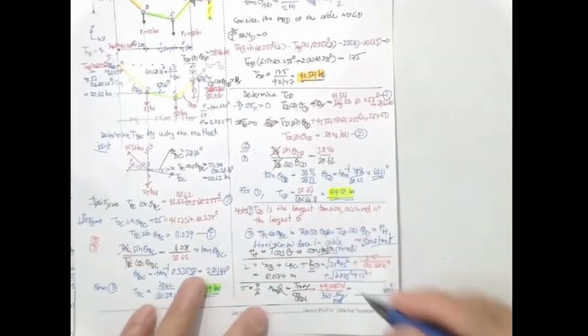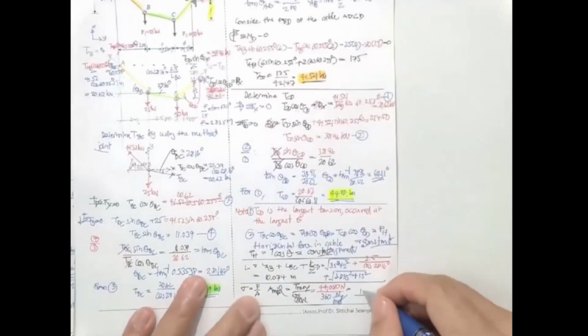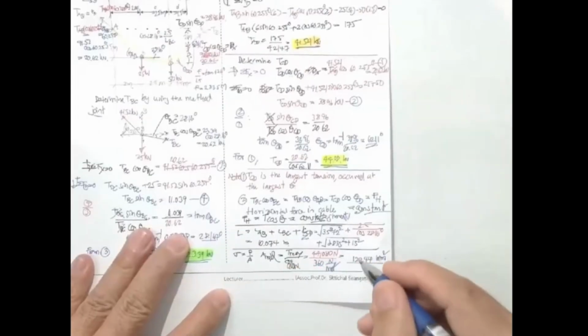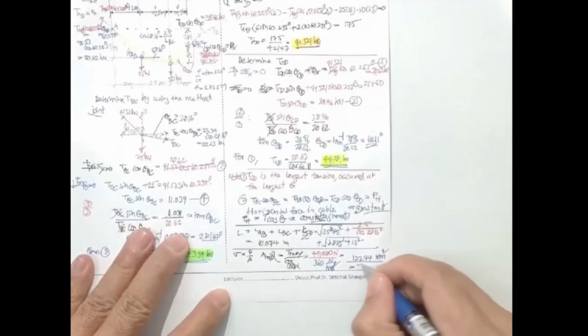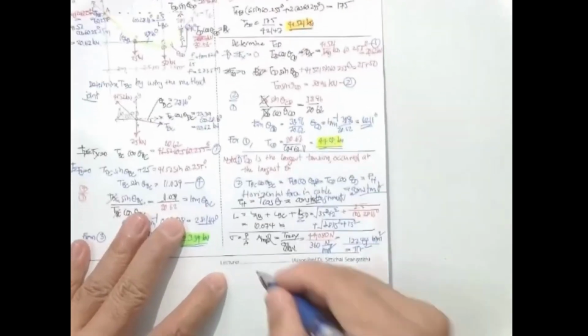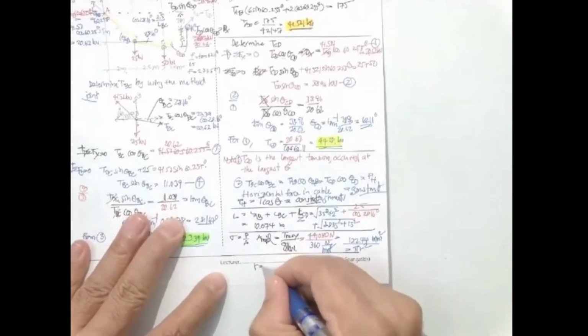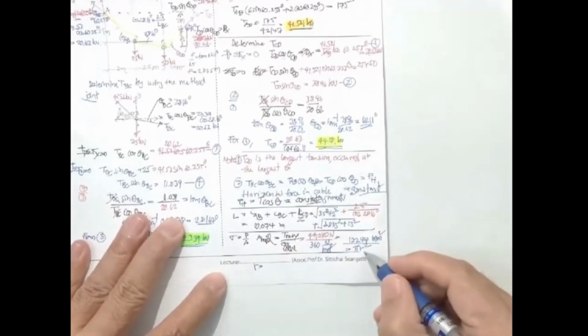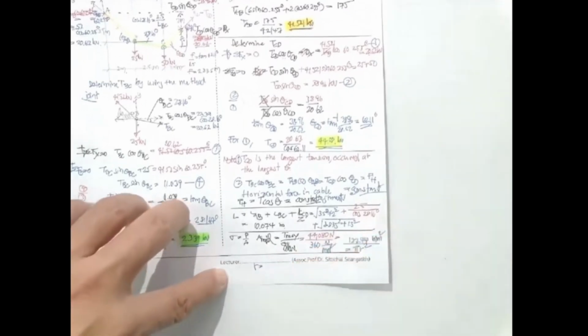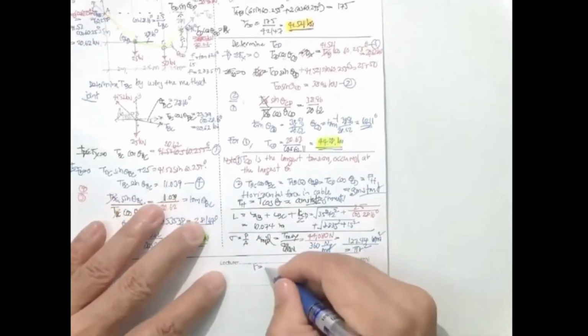Okay, 122.44. So what is going to be the radius? It's going to be this one, pi r squared, right? So your r is going to be the square root of, pi r squared equal to 122.44.